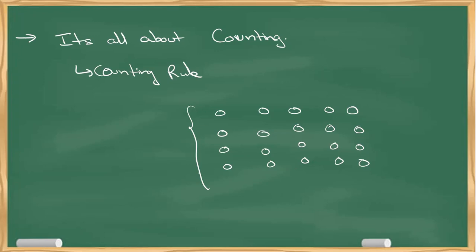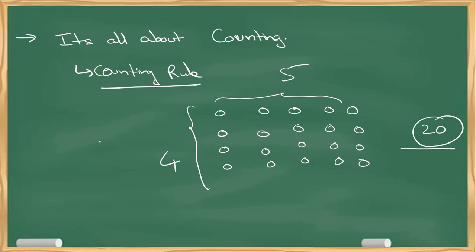You just count the number of rows, which is 4, and the number of columns as 5. So it will become 4 into 5, 20. So there are 20 marbles here, and I got 20 without actually counting it. So this helps me get a total picture of it using counting rule.